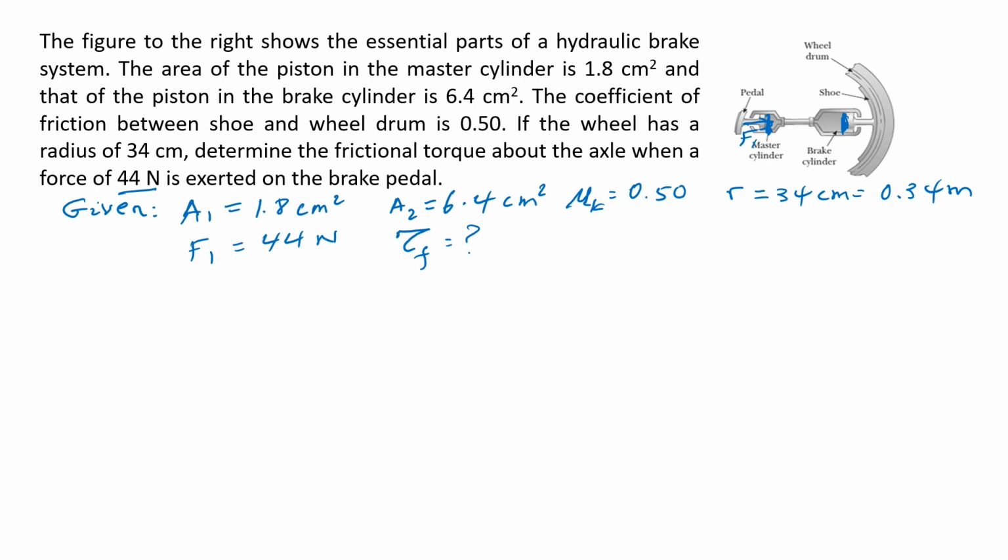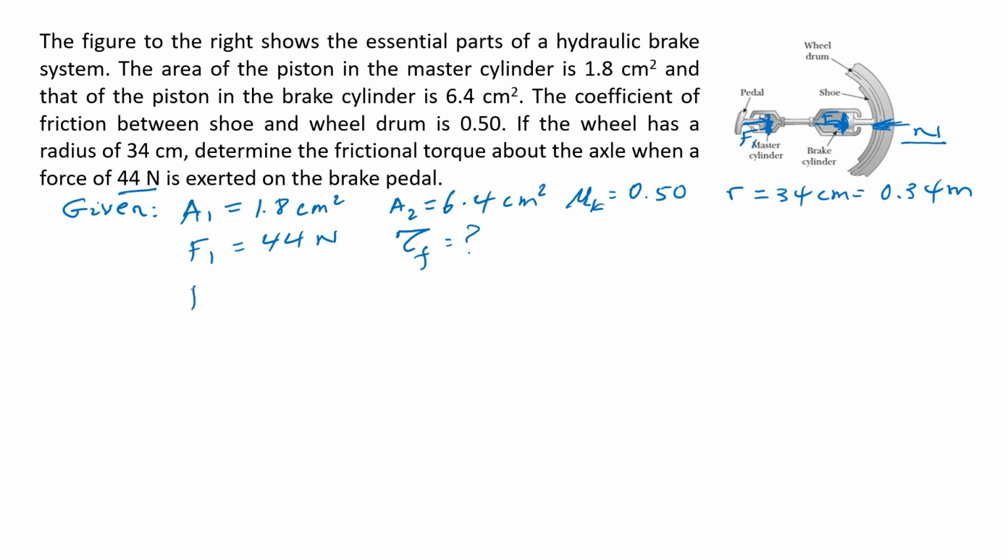Alright, to do that we need to find the force exerted right here. Then there will be a force exerted in the opposite direction, and that will be the normal. So this is F2. If we can find F2, we can find N, because the normal is always opposite and equal to the force exerted, perpendicular.